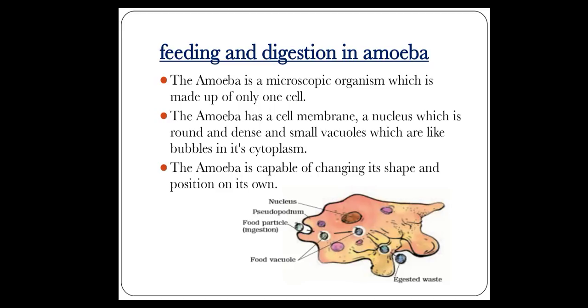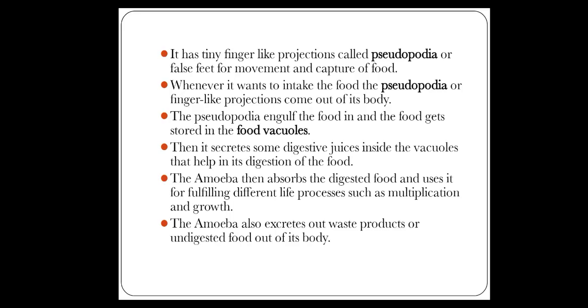The amoeba does not have a fixed shape. They keep on changing their shape and they are capable of changing their position. Now they don't have feet for their movement. Then how do they move? The amoeba projects out small finger-like shapes for their movement, and these tiny finger-like projections are called pseudopodia, or false feet.